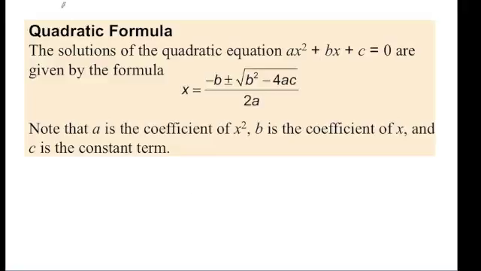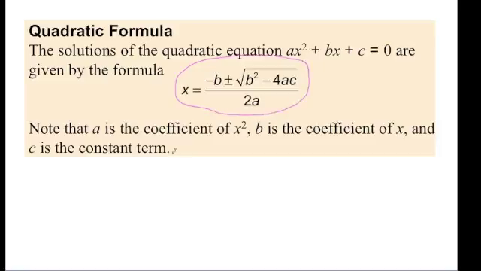Another method that always works is the quadratic formula. The solutions to the quadratic equation ax squared plus bx plus c equals 0 are given by this formula. X equals negative b plus or minus the square root of b squared minus 4ac all over 2a. You will need to know this equation.